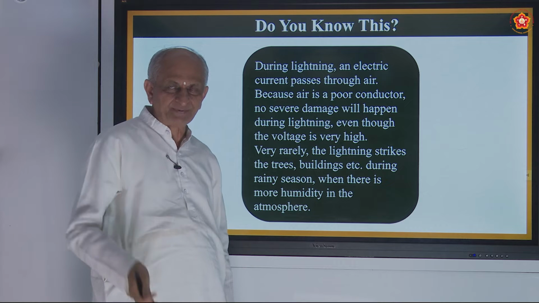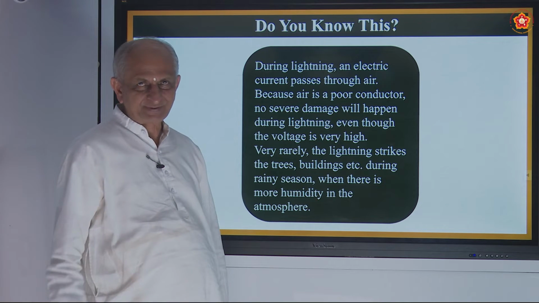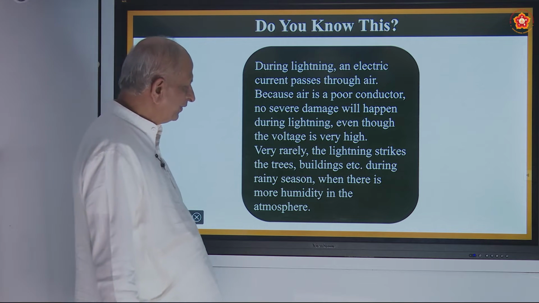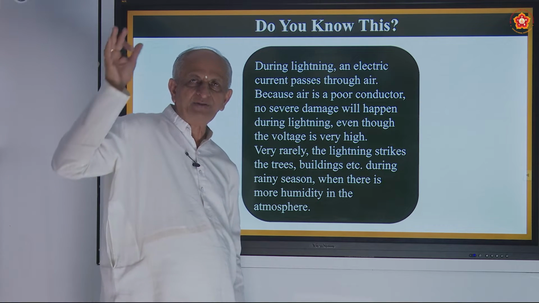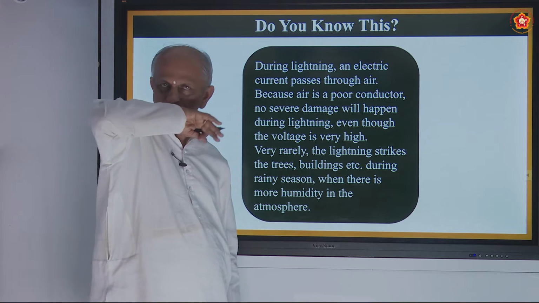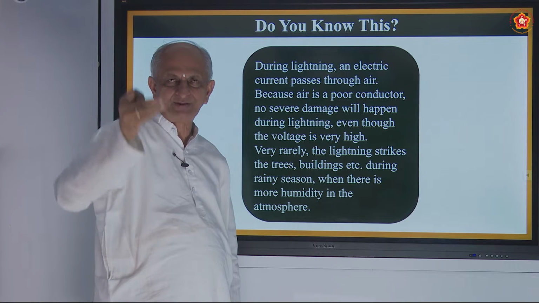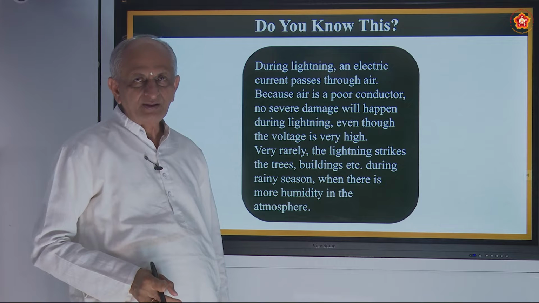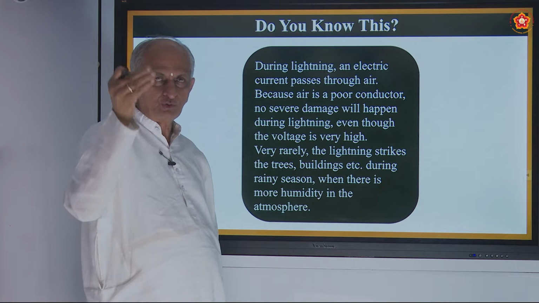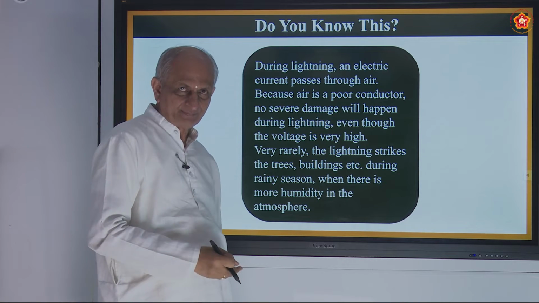Some houses collapse, trees collapse. Why does it happen? It is because air is a poor conductor. Some small current passes through the air also. That too when drizzling or rain is coming.